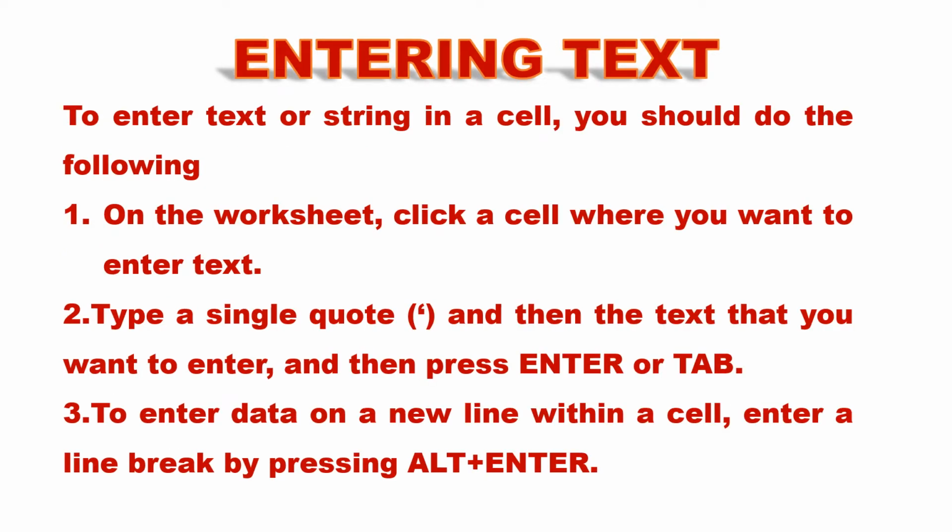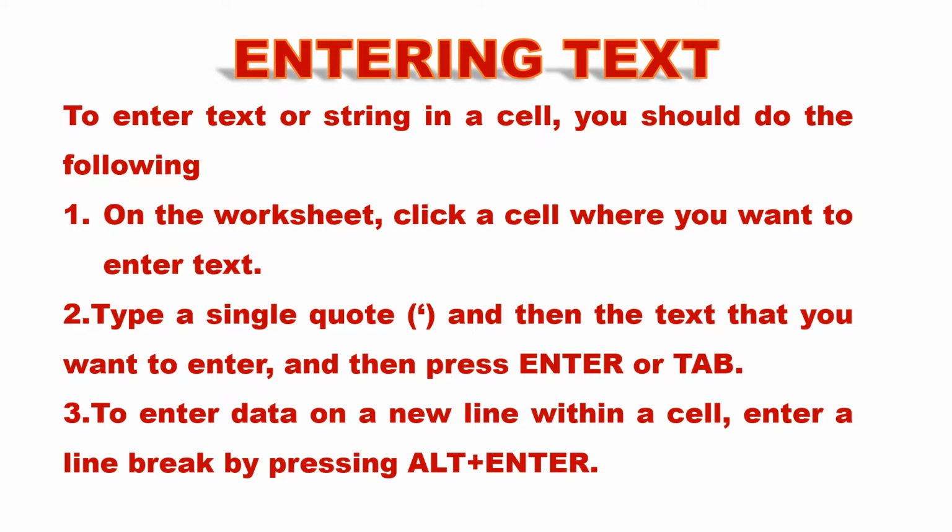We'll start with entering the text. To enter the text or a set of characters in a cell, you select the cell where you want to enter the text. Then you type a single quote followed by the characters you want to enter in the cell.